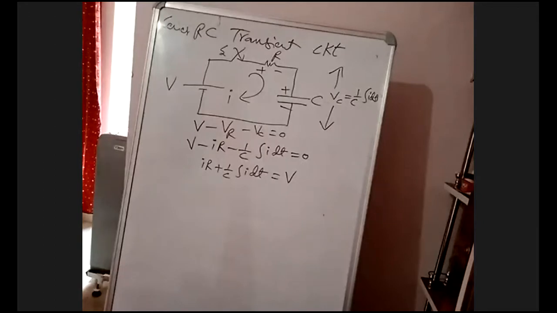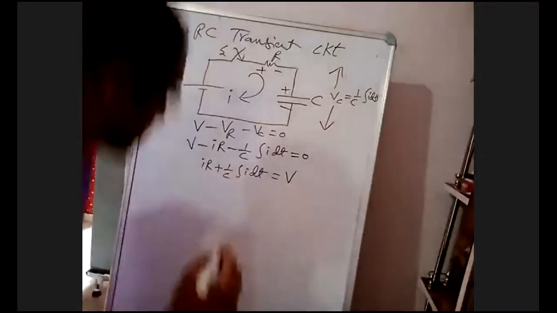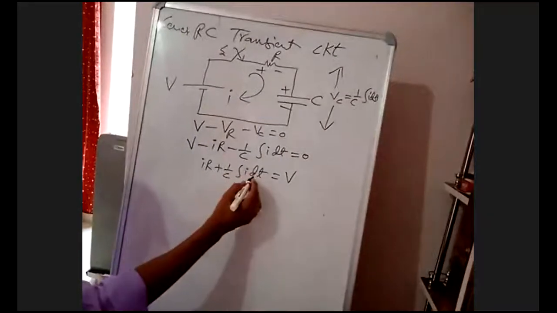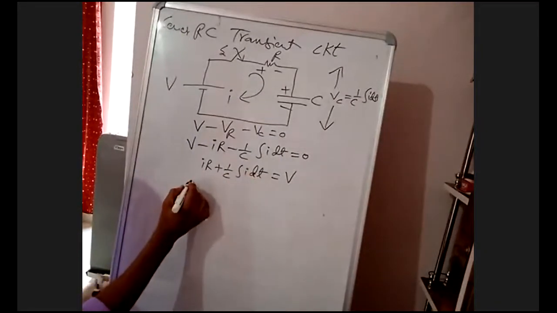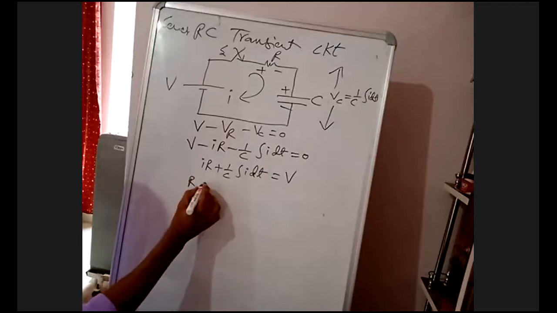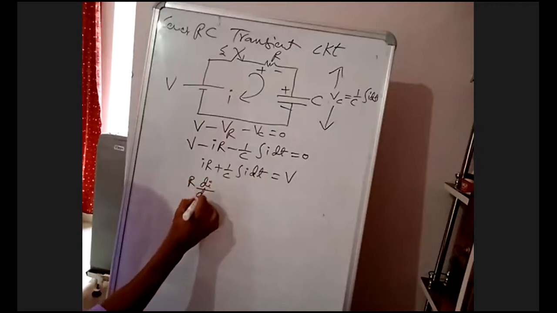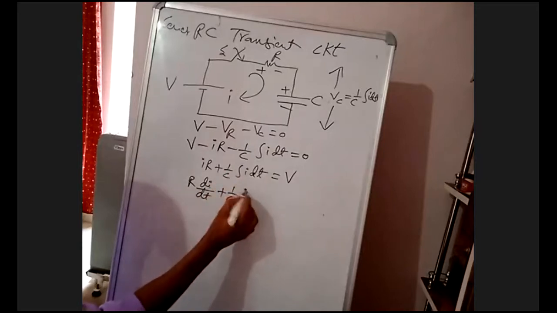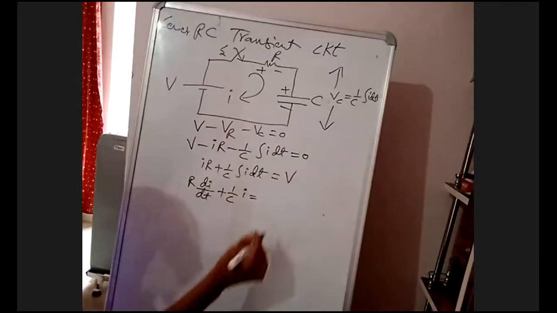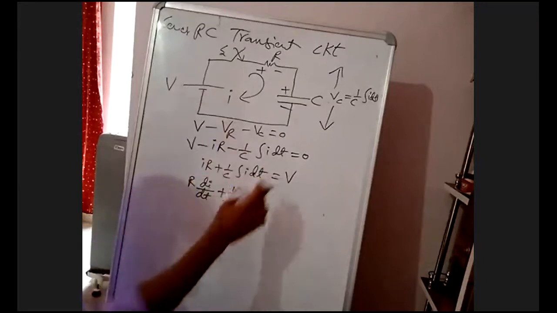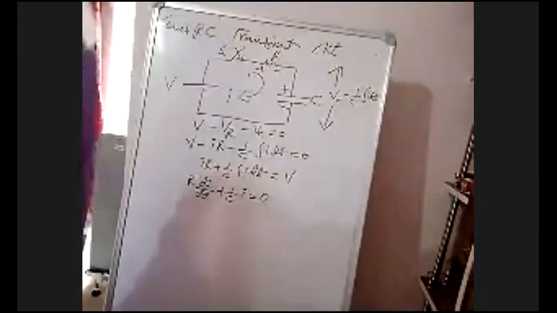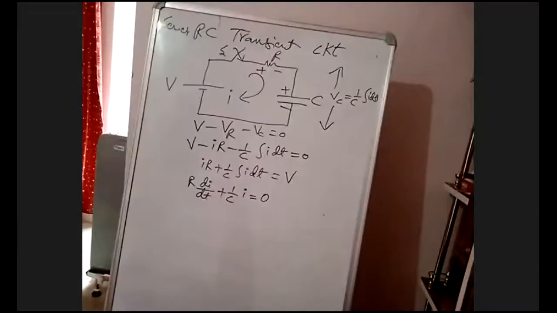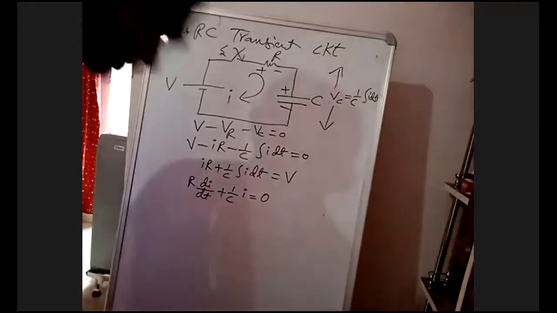Take derivative on both sides with respect to dt. R is constant, R di by dt plus 1 by C, integral and derivative will cancel. What is the derivative of constant? V is constant, so 0. Derivative of constant is 0. Now make the coefficient of di by dt 1.